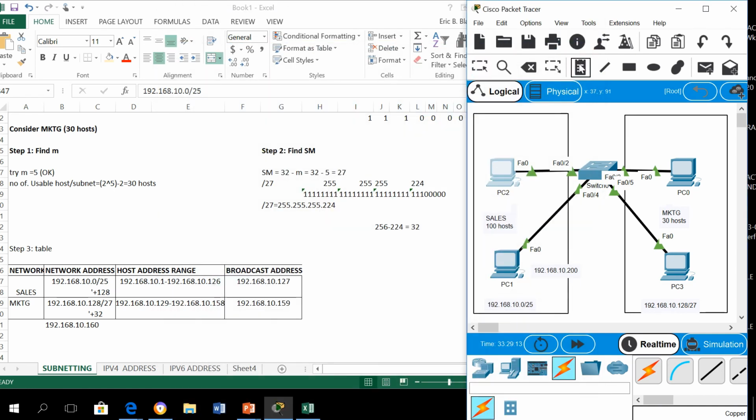Again, my assignment here in PC2 is 192.168.10.4. Again, both are slash 24.